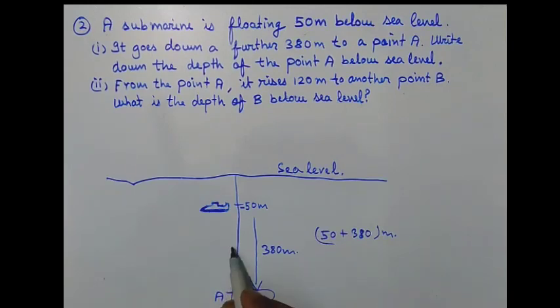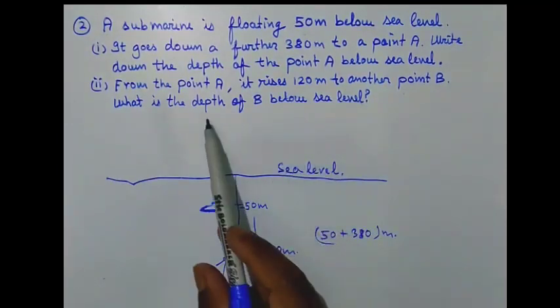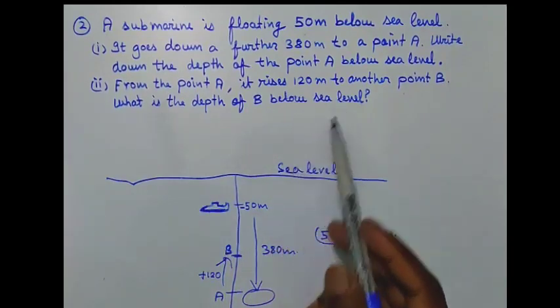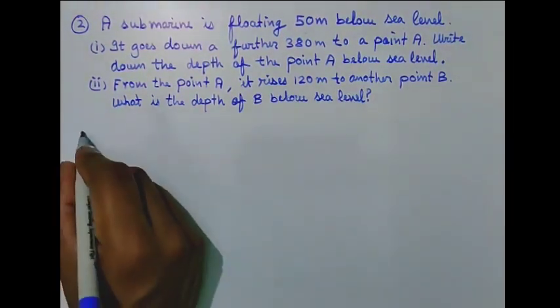And we'll add 120 meter further, and then we'll get the point where it is supposed to go. So we'll add further 120 to it, and we'll come to know the measurement, or you can say the depth, of point B. So what is the depth of B below sea level? We'll be able to find. Is this clear? Let's do it. So solution.